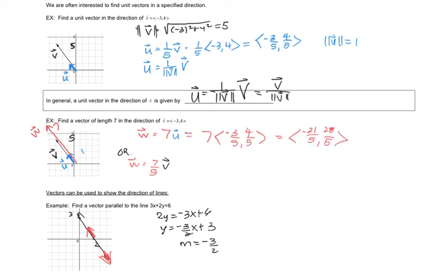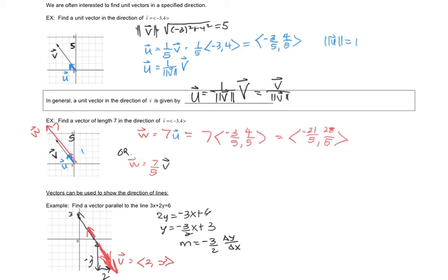Negative 3/2 means change in y over change in x. So we're going to go down 3 and to the right 2. Well, a vector that goes down 3 and to the right 2, I'll call this v, would have a y component of negative 3 and an x component of 2.